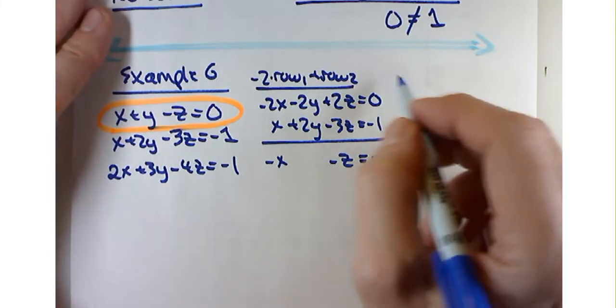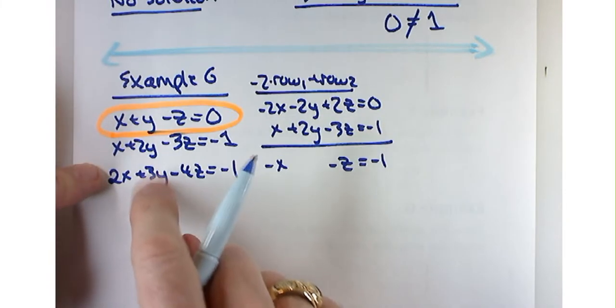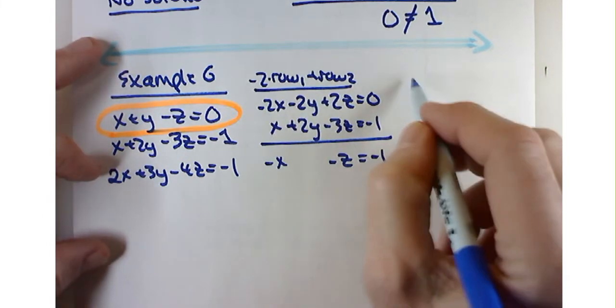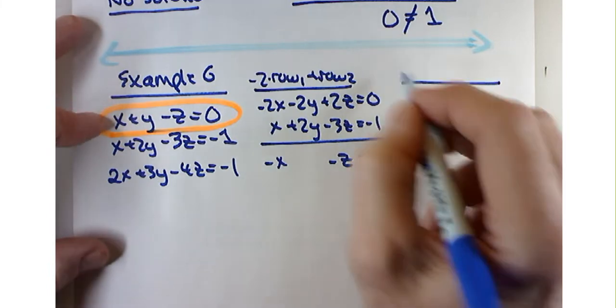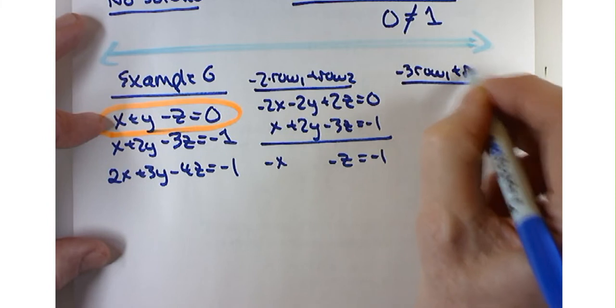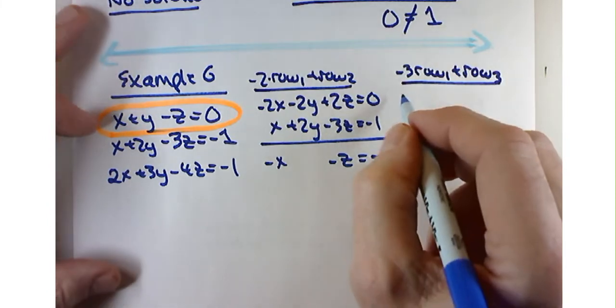Okay, so for the next one, if I'm going to get rid of the y from the third equation, what am I going to multiply the top row by? Negative 3. So negative 3 times row 1 added to row 3. It's going to look like this.